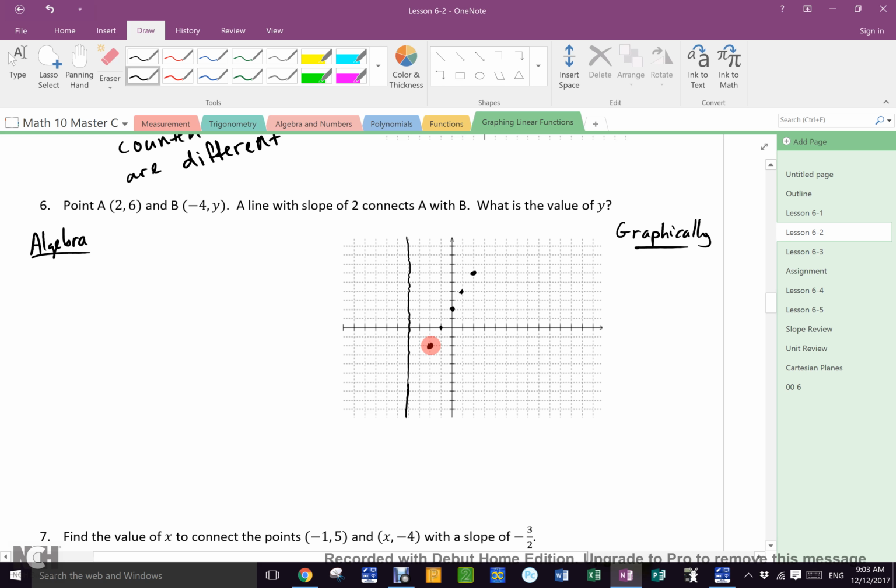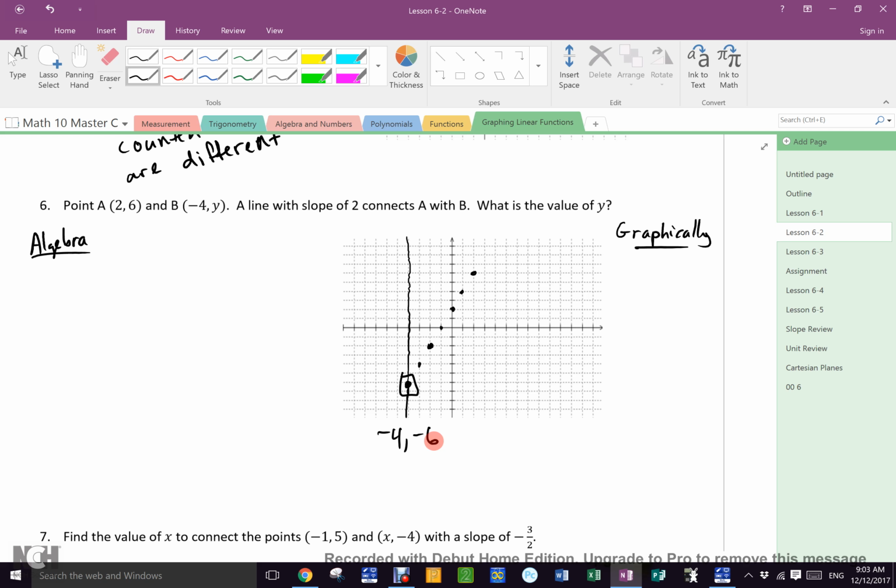My computer is frozen. You guys should keep going. Down 2 over 1. There. Did I hit -4 right there? So what is that point? -4 what? -4, -6. Does everybody see how to do it on a graph?